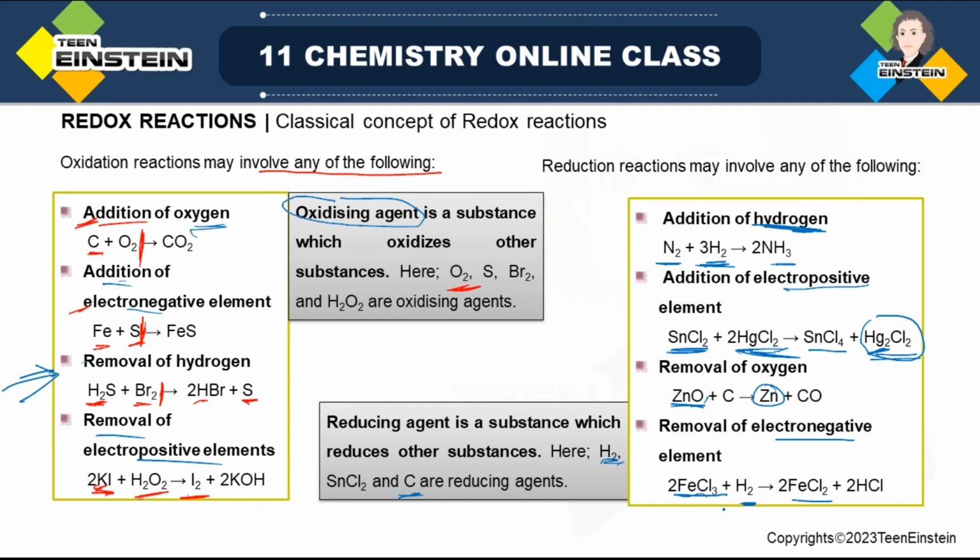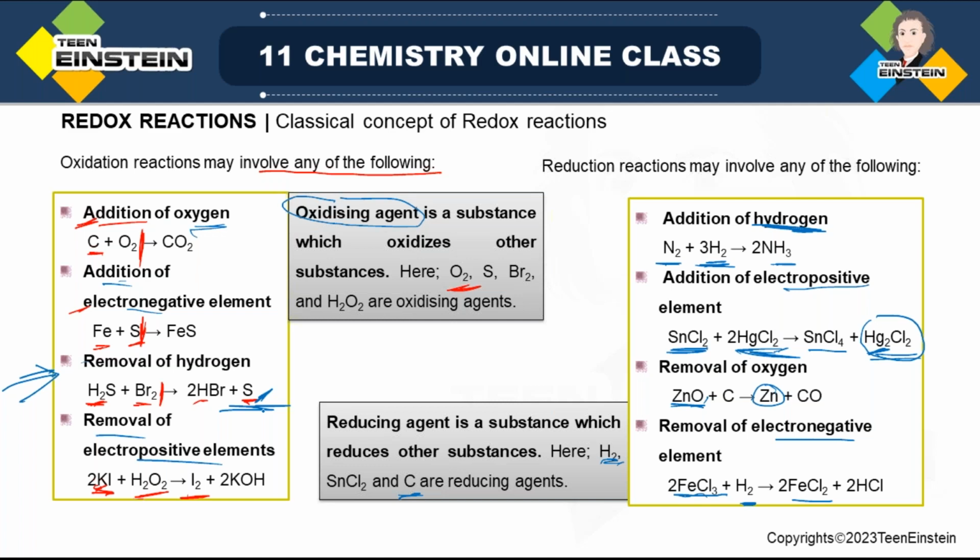Now, if you carefully look at all these eight examples, one thing you will see, as we have said, is that reduction and oxidation happen simultaneously. On the left hand side, we have only talked about oxidation, and on the right hand side, we have only talked about reduction. Then how is it happening simultaneously? Just consider this example, H2S and Br2. If you focus on H2S, it is removal of hydrogen, and sulfur is now present alone, with no hydrogen.